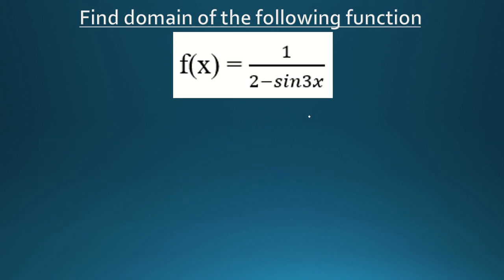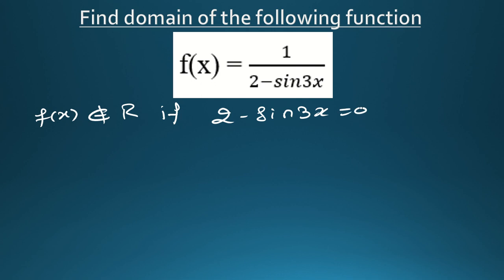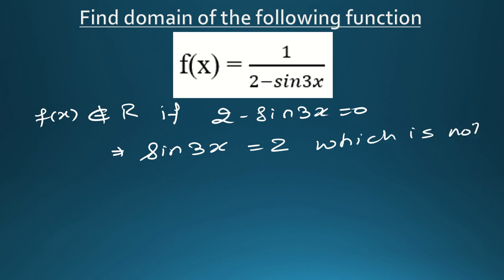Now, let's talk about a trigonometric function. The process will remain the same. So, f(x) will not be real or will not be defined if 2 minus sine 3x equals 0, meaning sine 3x equals 2, which is not possible. Why is it not possible?